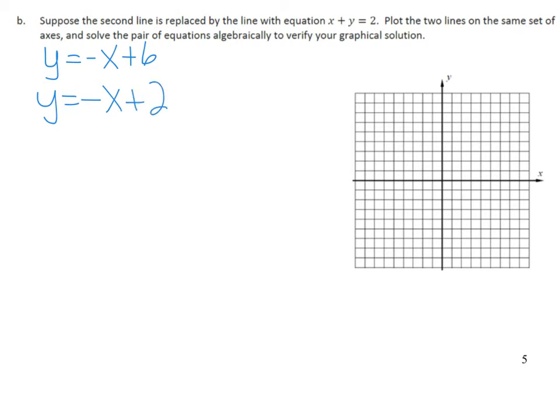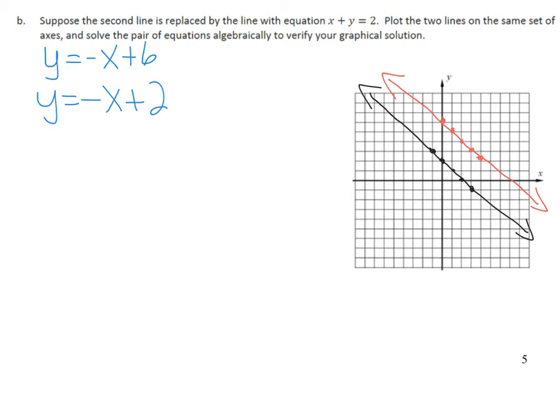So again, my first one is just starting at 6, and my slope tells me to move down 1 over 1. So I get a line going there. And my other one tells me to start at 2 with the same slope. And I'm just going to draw in that line.